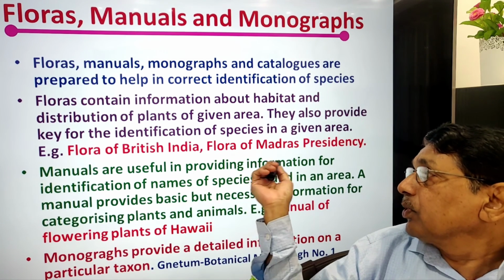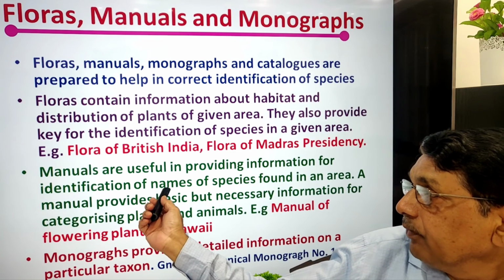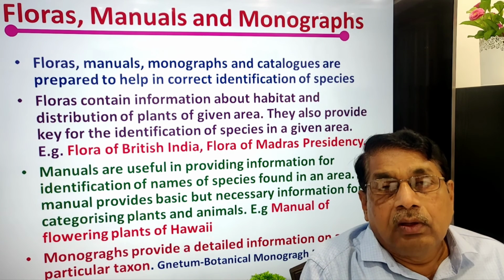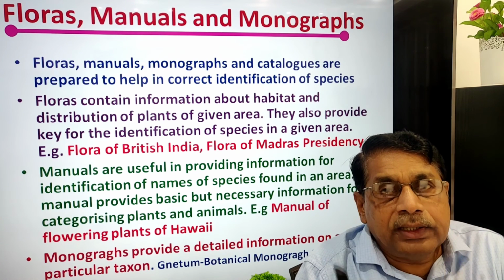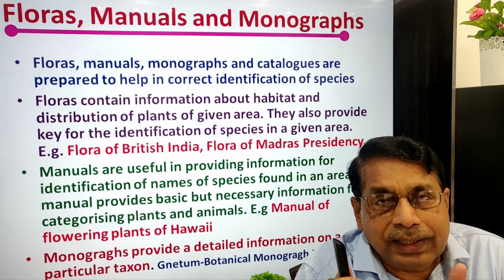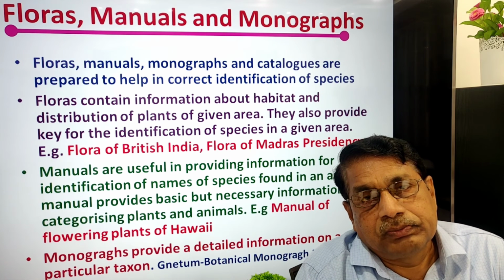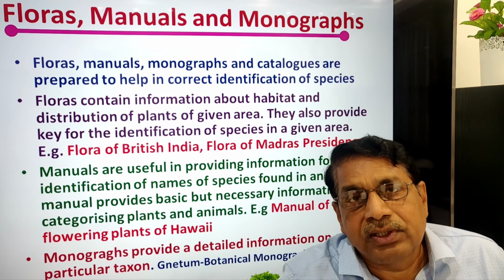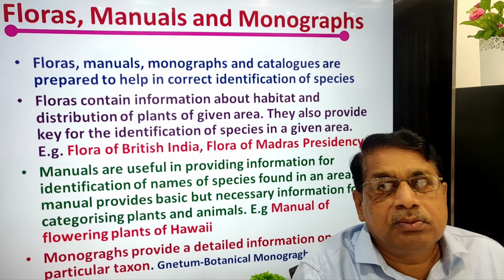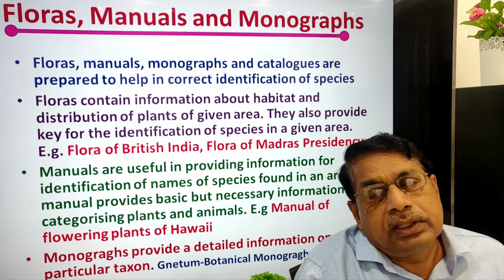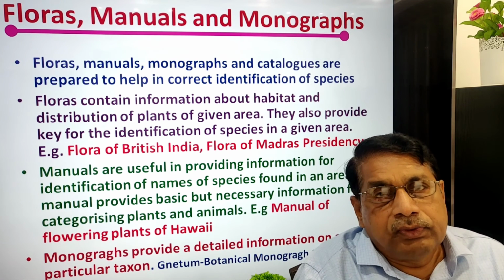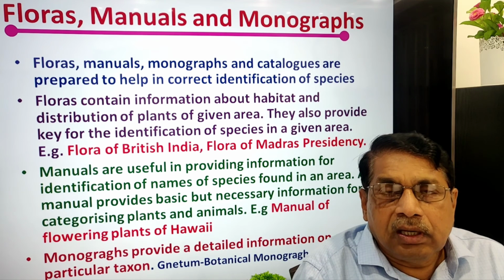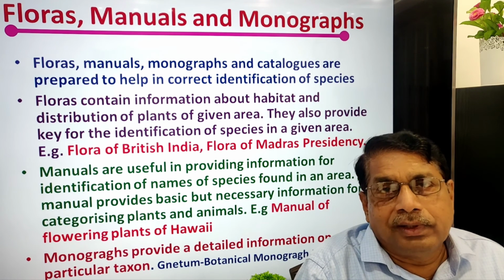Manuals are useful in providing the information for identification of names and species found in an area. Manuals give detailed information for identification purpose. Suppose flowers are there, what type of flowers, how to classify them, what are the different organs available. Similarly, you take an animal. Suppose you want to identify different members of the annelids, then every detail will be given in the manuals.